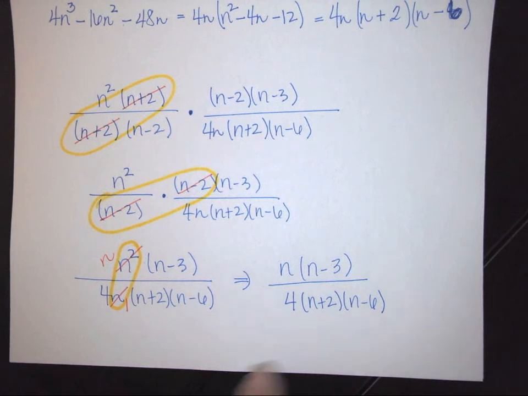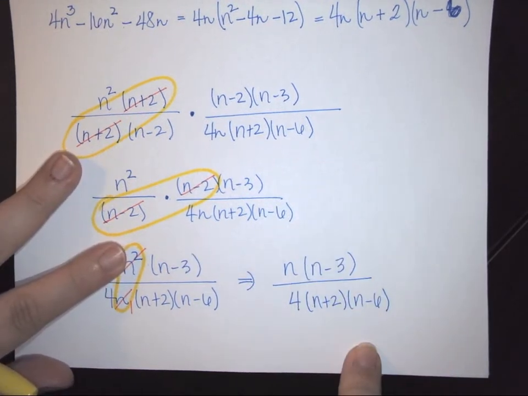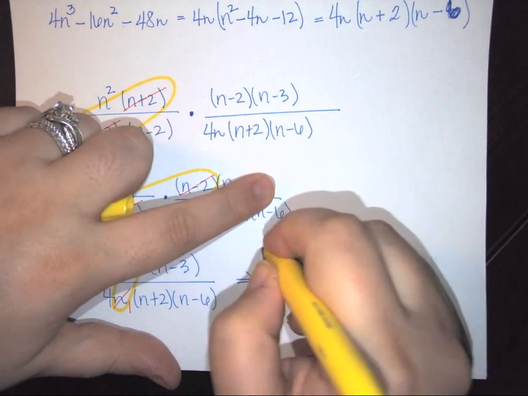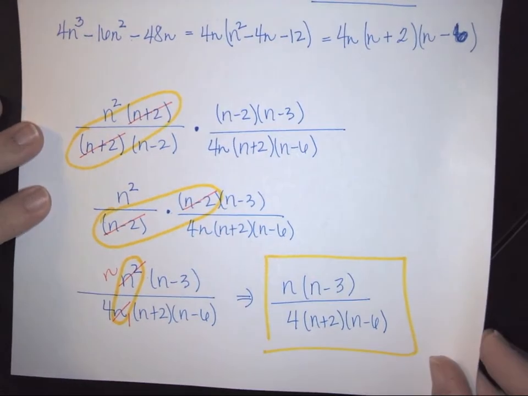And if you look at it, there is nothing else here that is the same. There is nothing else that can actually be reduced. So therefore, this is as far as you would go, and this would be your end result. So that is multiplication.